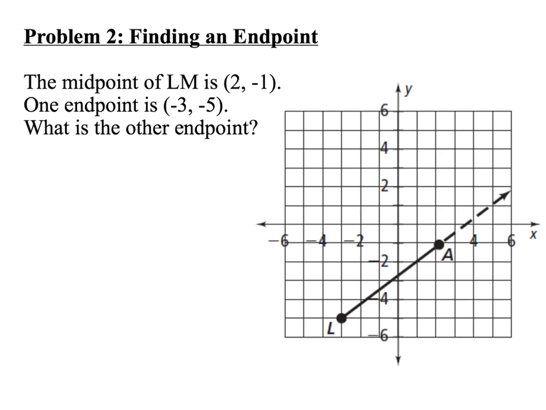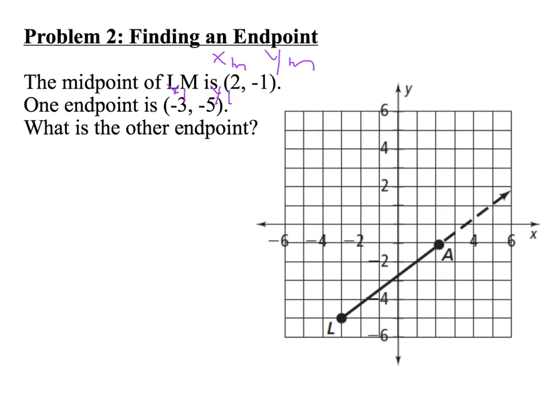Now in this problem, it gives me the midpoint, but it wants me to find the other endpoint. So what you could do is set up two separate equations. I'm still going to label my points. However, the midpoint, I'm going to label xm for midpoint and ym for midpoint. Then the endpoints given, I'm going to label x1 and y1.